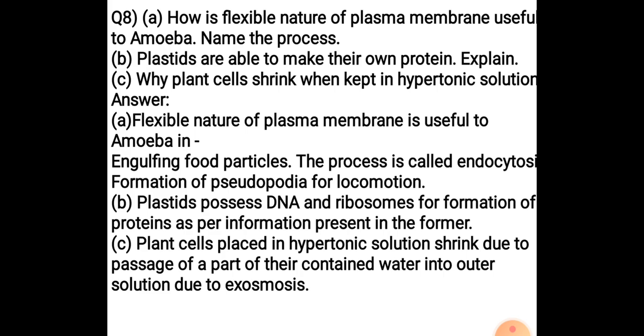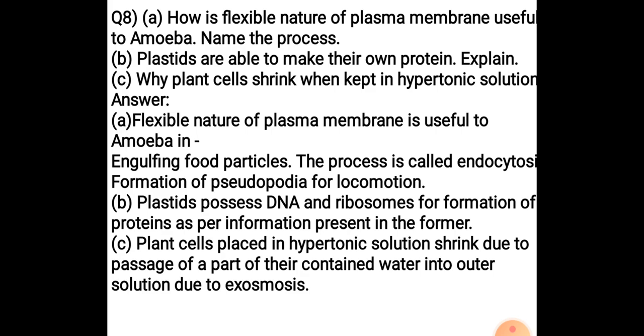This flexibility of the plasma membrane is useful in amoeba for a few reasons. The first is for engulfing the food particle, and this engulfing is done by the process of endocytosis, in which the whole food particle comes inside a cup-like structure that is formed by pseudopodia. This is the process of endocytosis, in which the food particle is completely engulfed, and finally a food vacuole is formed and the food is digested inside the vacuole through digestive enzymes.